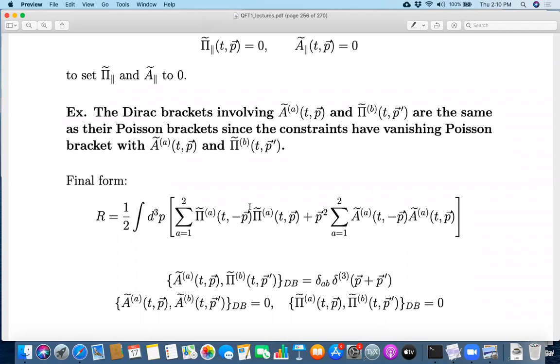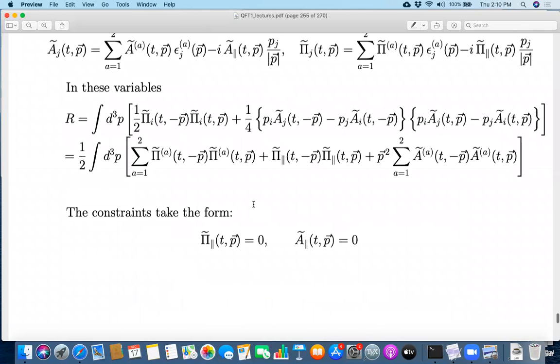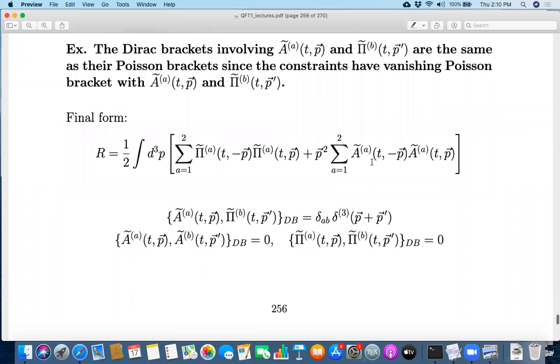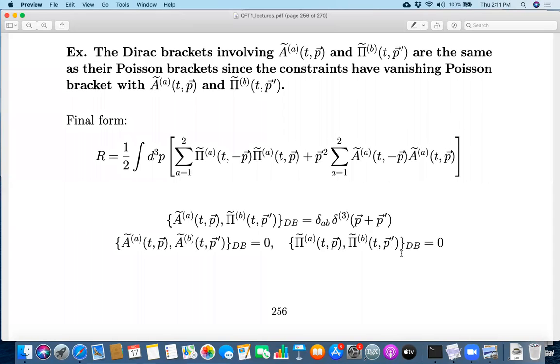So that part of the kinetic term has gone. The Dirac bracket between A tilde a and pi tilde b is the same as the Poisson bracket, namely delta ab times delta of q minus q prime. The A tilde b Dirac bracket is 0, and the pi tilde b Dirac bracket is 0.